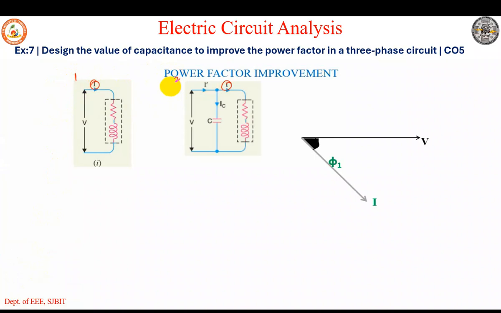In both cases, current I is the current consumed by your appliance. In the first case, the current consumed and the current supplied are the same. In the second case, it is changed. So let's understand what is changed here and what is current IC.